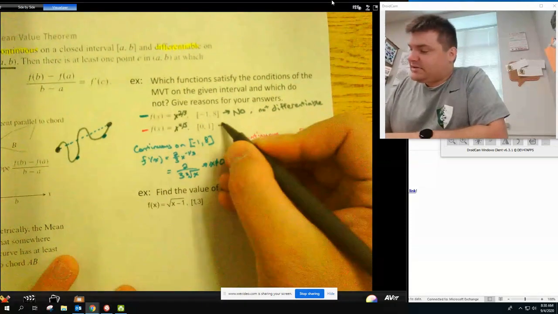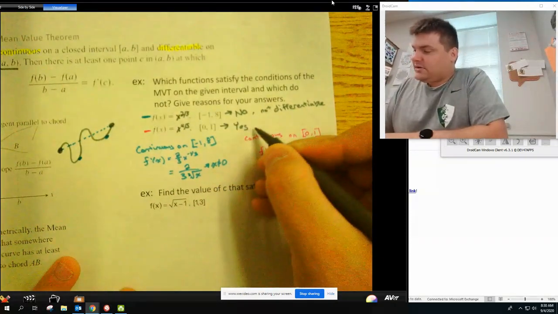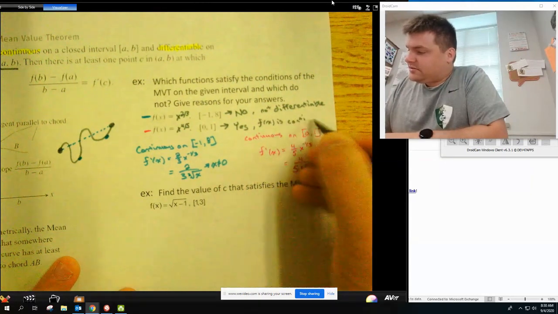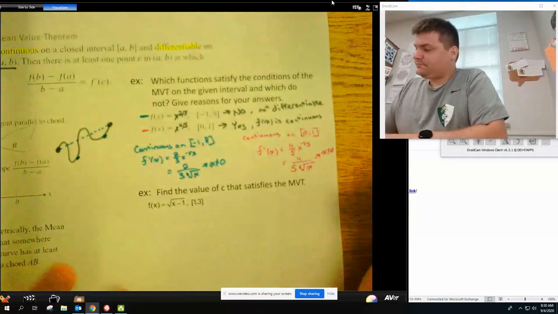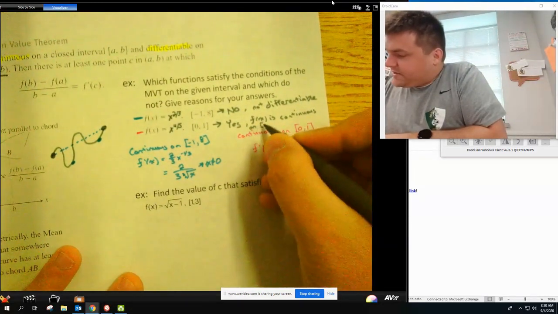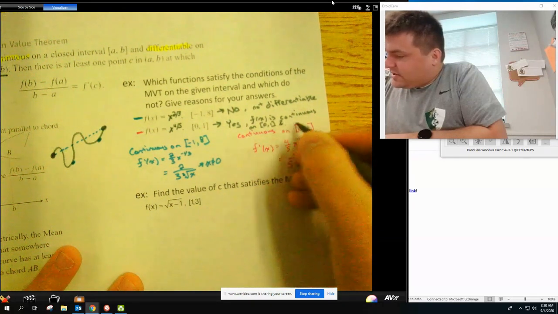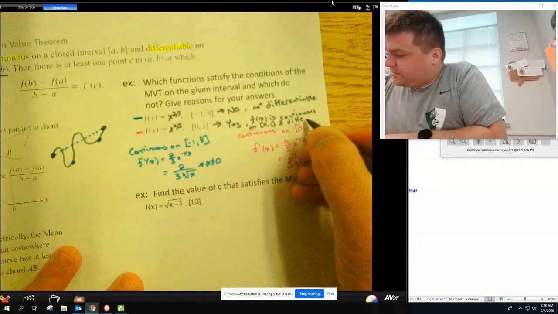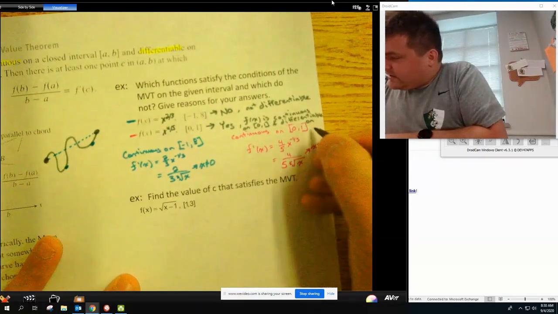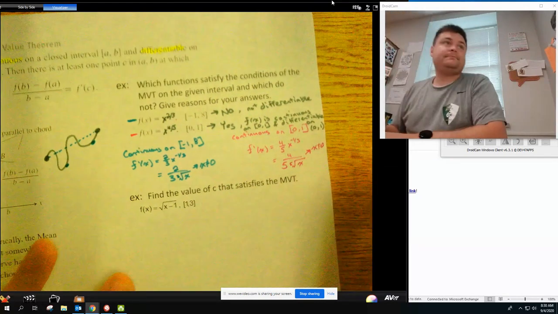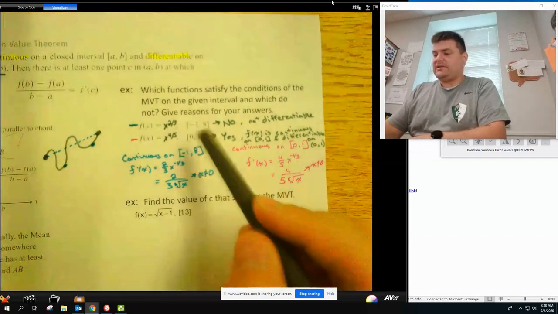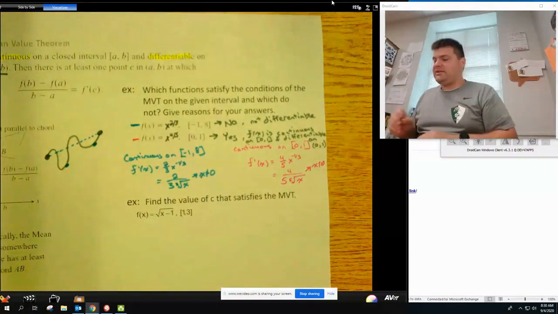So yes, f of x is continuous on 0 to 1, and differentiable on the interior 0 to 1. So yes, this one works. Just make sure that it has to be differentiable, just not at the endpoints, but in the interior.